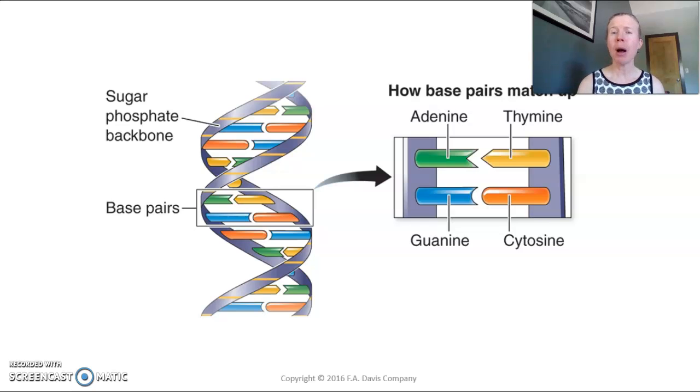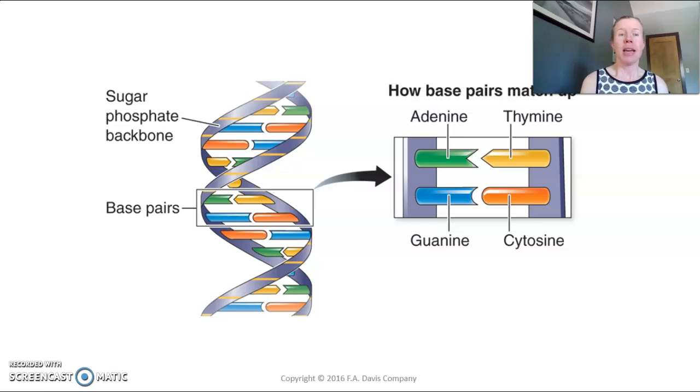Remember, this molecule is made up of 4 nucleic acids: adenine, A, thymine with a T, guanine, G, and cytosine with a C. A simple change in even just one of these nucleic acids can cause a genetic disorder.